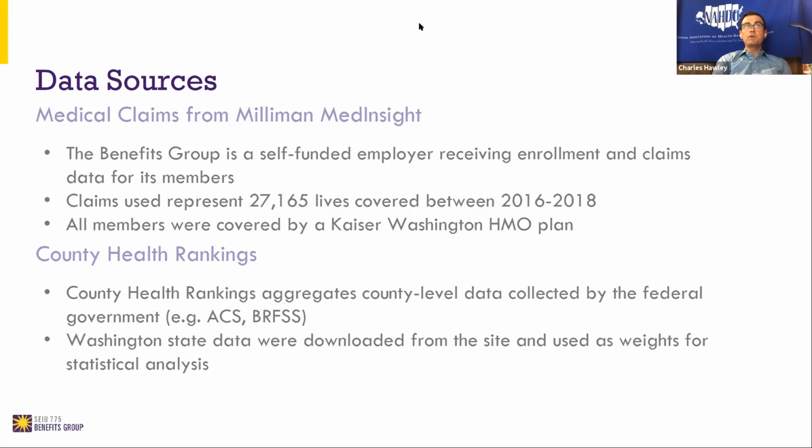For example, BRFSS and the American Community Survey, although that's not an exhaustive list. We didn't extract full addresses from MedInsight and store those locally, but we do have HCA addresses as part of the medical claims. And so we used those to join these 2 data sources at the county level.